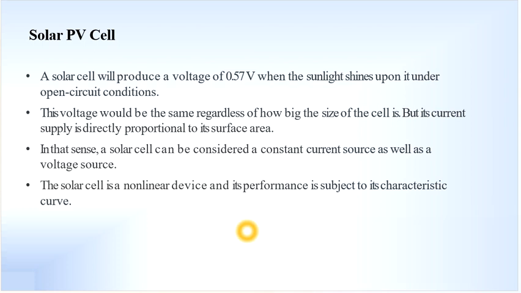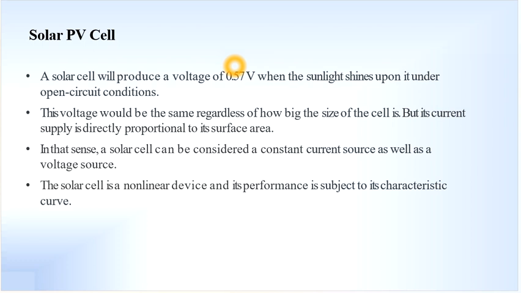Okay, let us see the solar PV cell. What is the basic component of a solar array? That is the PV cell, and this cell produces a voltage of only 0.57 volts. But if you want to get some 10 volts, we should connect various solar cells in series, right? That's how a solar array is made up.